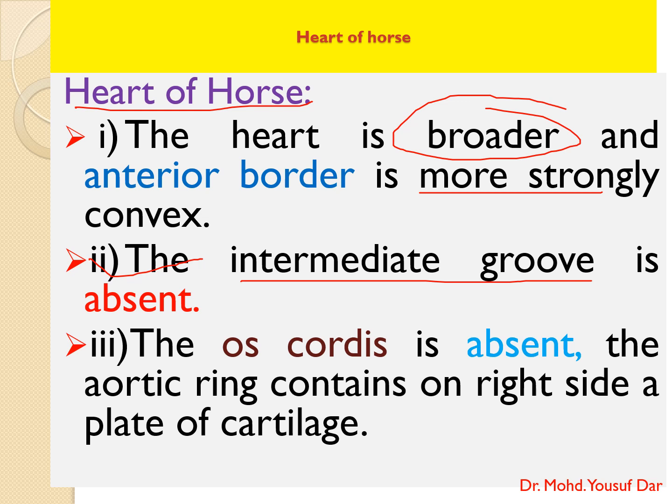The os cordis is also absent in the horse, but the aortic ring contains on the right side a plate of cartilage. So what is this os cordis?